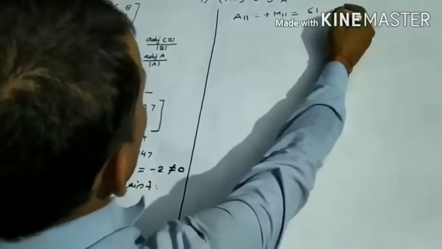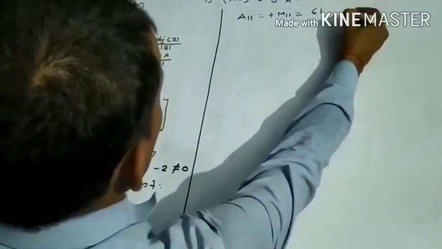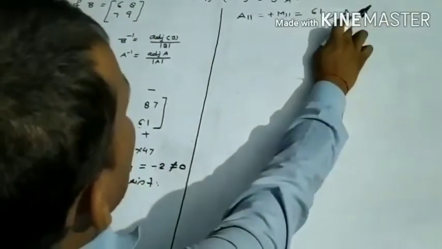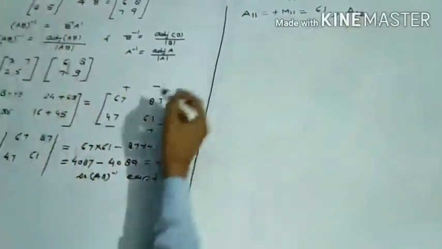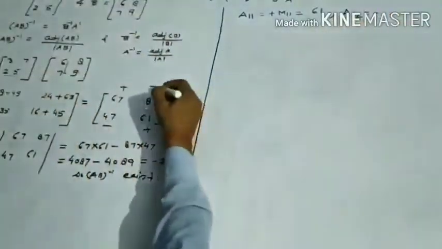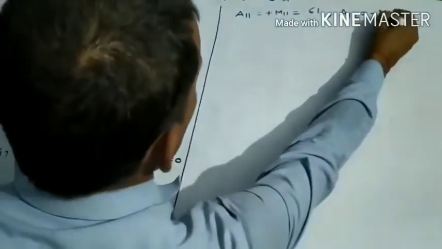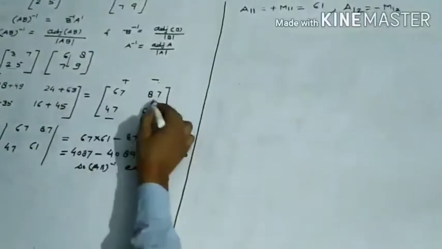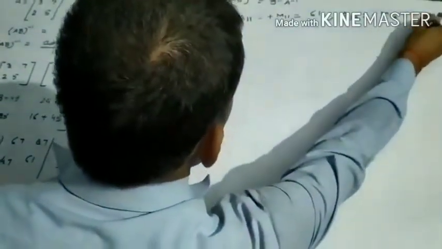Now after that we want to calculate A12, the cofactor of the element of the first row and second column, which is 87. So this is equal to minus M12, the minor of the first row and second column, because this is the minus sign. So this is 47, so here minus 47.